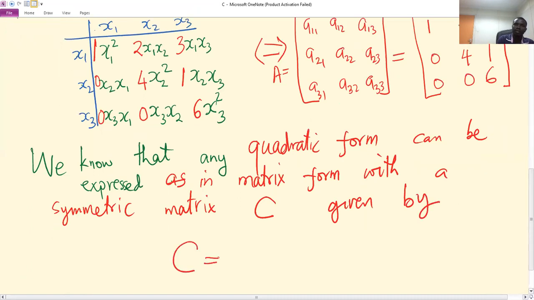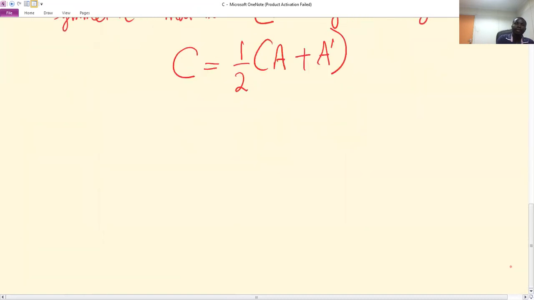C is the average of what you have done here, A, added to the transpose of that matrix. So we have A is 1, 2, 3, 0, 4, 1, and then 0, 0, 6.